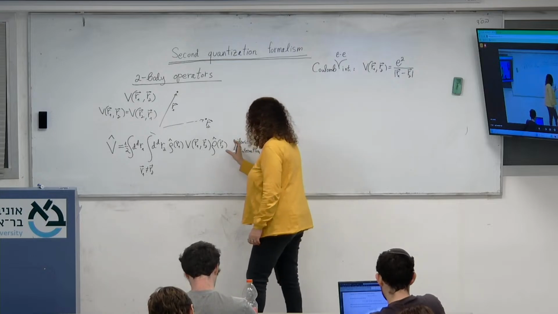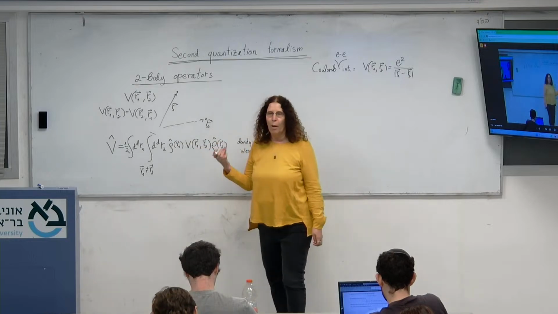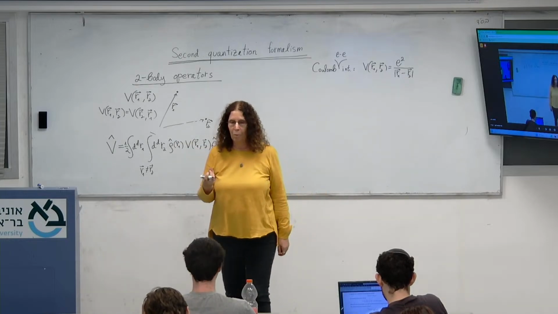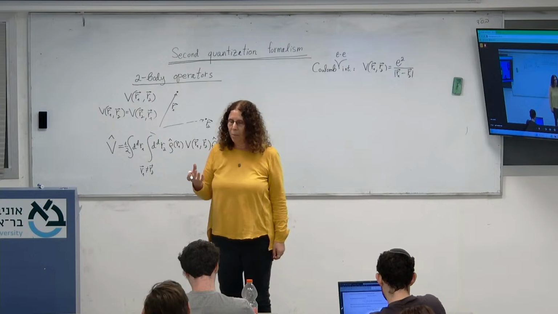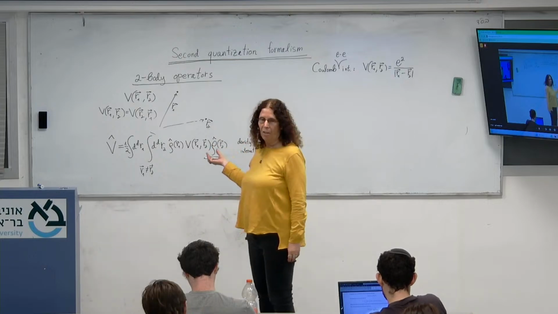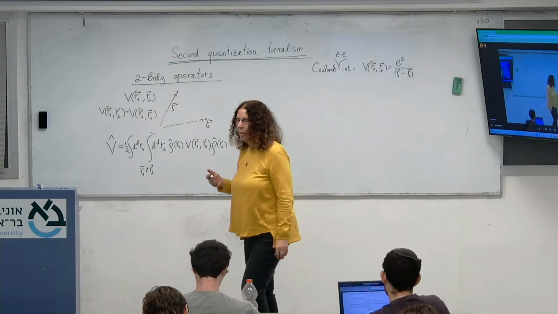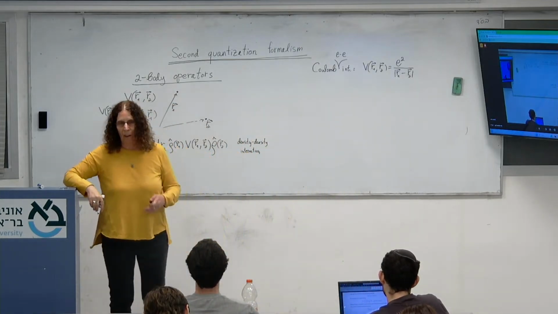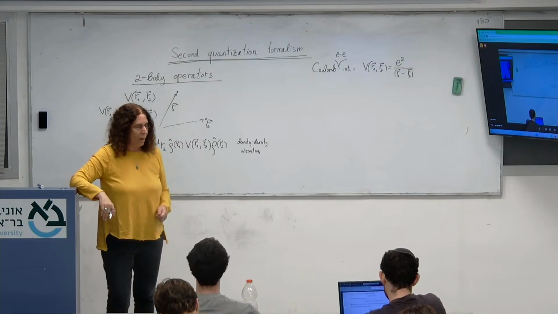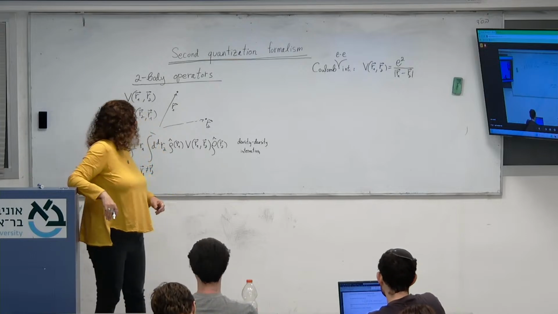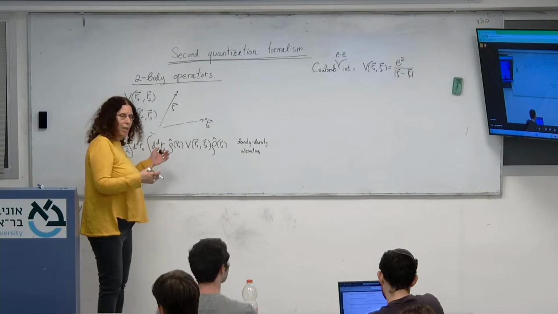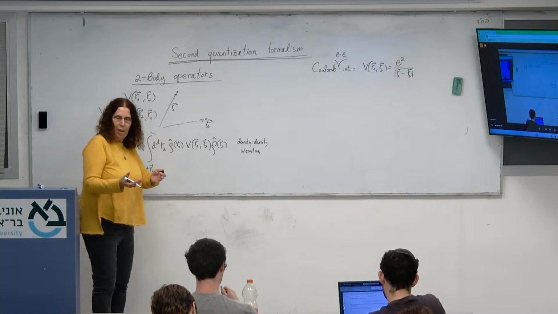But you can, and usually the basic microscopic interaction between elementary particles is density-density. But you have already seen there are interactions that cannot be written as density-density, but they still exist.